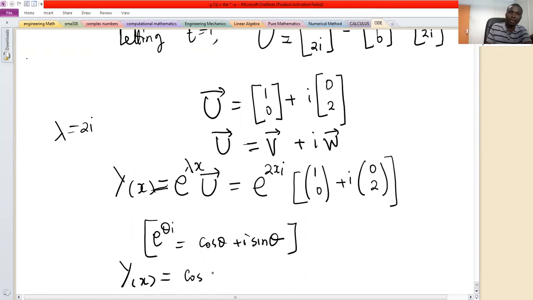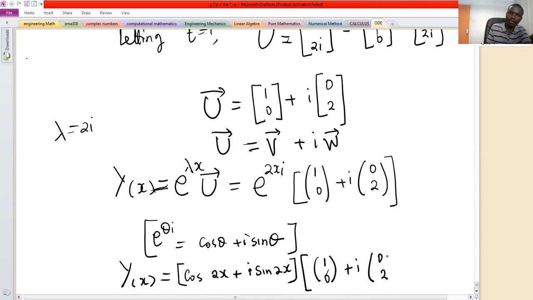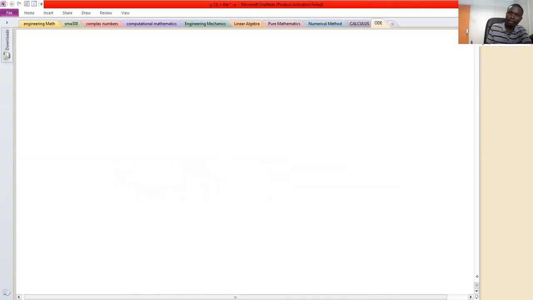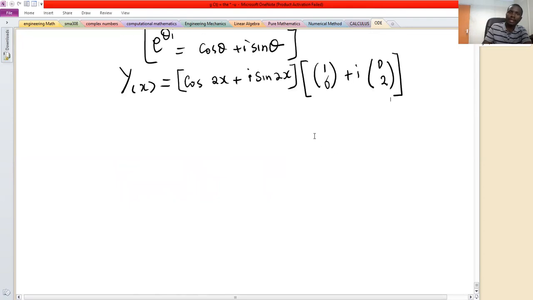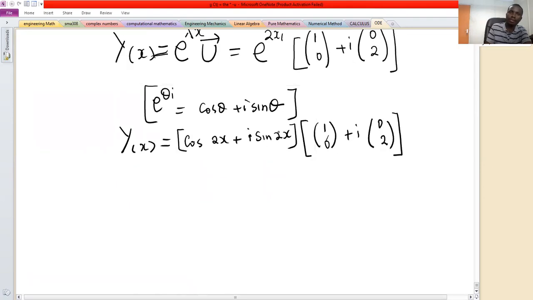So we will have cos of 2x plus i sine of 2x, multiplied by these vectors, 1, 0 plus i 0, 2. Now, after doing this, let's do the multiplication.